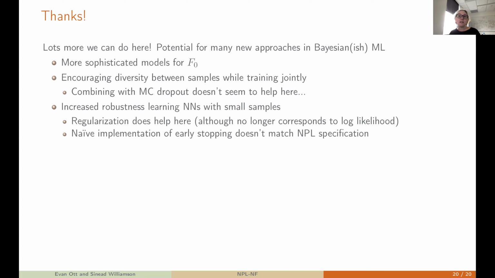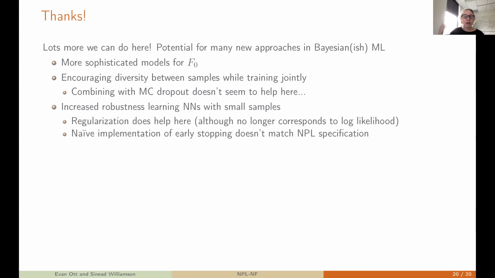And we still do get overfitting, right? It's kind of a neural network problem when we have small data. It's easy to overfit. We have found that adding regularization does help here. Like the second set of experiments you saw were with regularization. It means we no longer have that log likelihood correspondence. It's more the loss case, but it still has a valid interpretation as uncertainty of what a trained regularized neural network would look like.